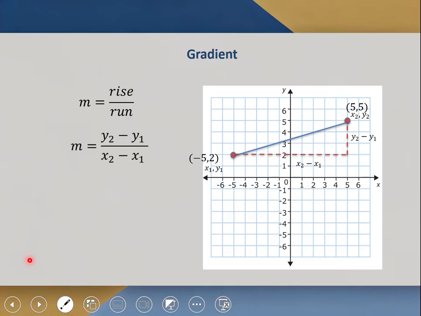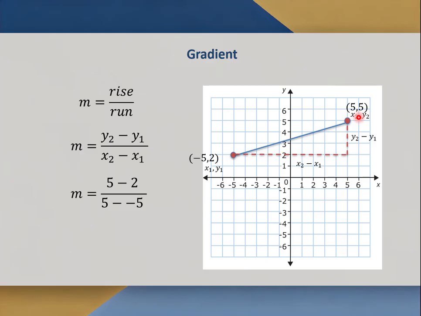We can think about it as rise over run, or as m is equal to y2 minus y1 over x2 minus x1. We can substitute our values in, and we've got 5 take away 2 is 3 over 5 take away negative 5 is 10. So our gradient here is 3 over 10.